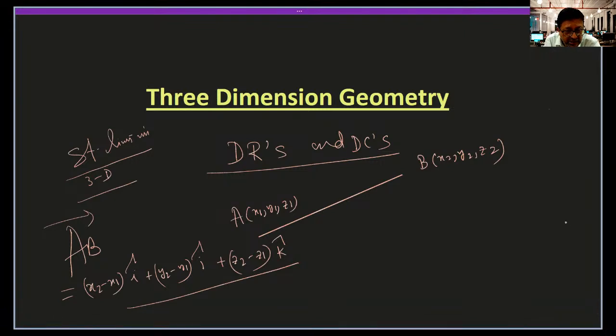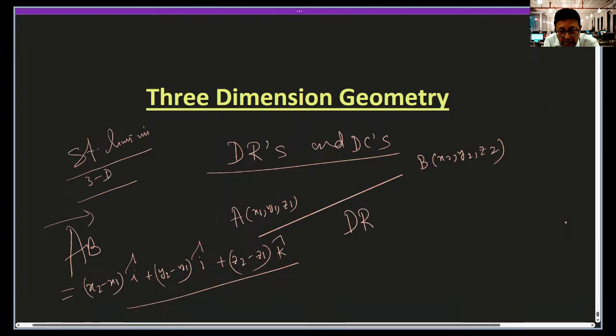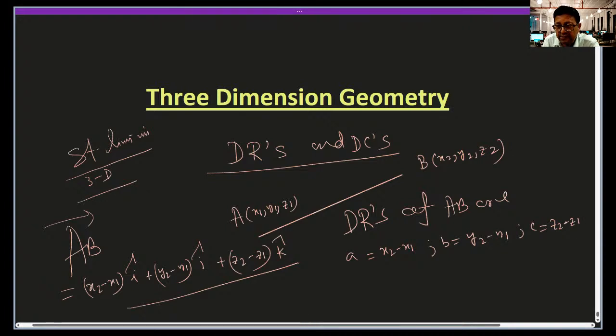So DRs of AB are what? A equal to this, B equal to this, and C equal to this. Okay?